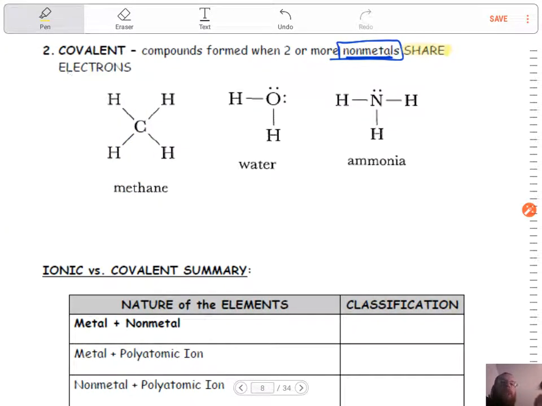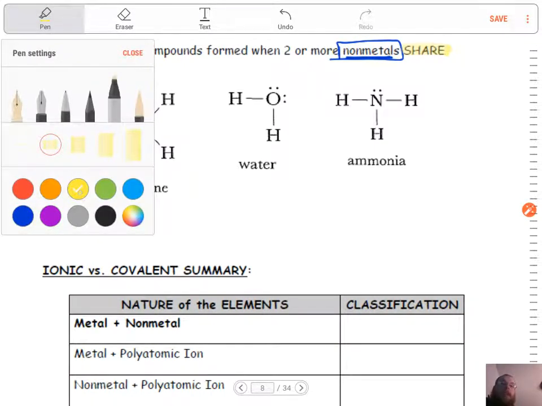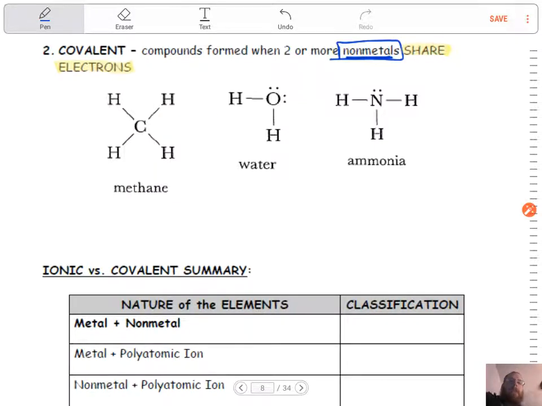So you've got ionic bonds that are transferring electrons, so one gives, the other one takes. Here with covalent, though, you are sharing the electrons. So again, you have two or more nonmetals. That's a big difference there as well. You only have nonmetals. So something like methane, where I've got all these different nonmetals, they're sharing the electrons. There's not a give and a take there.